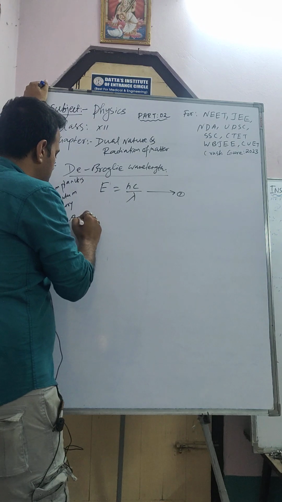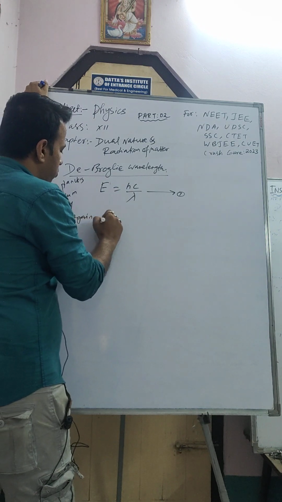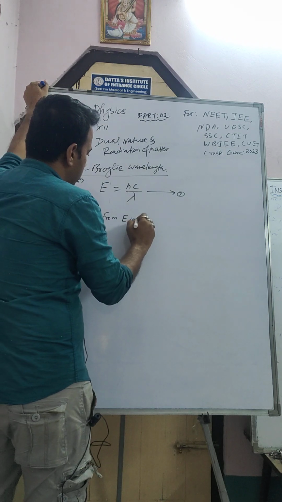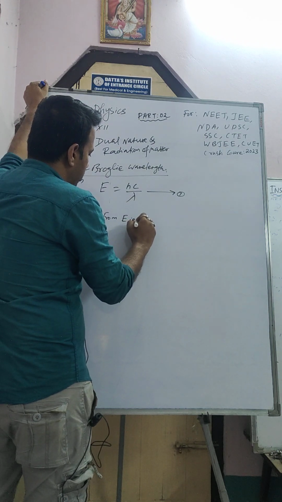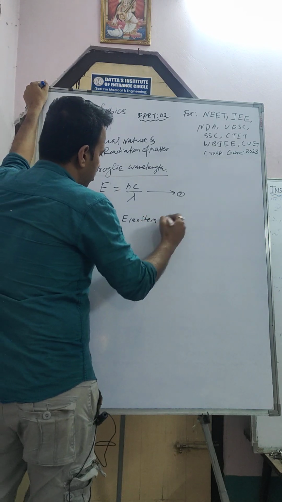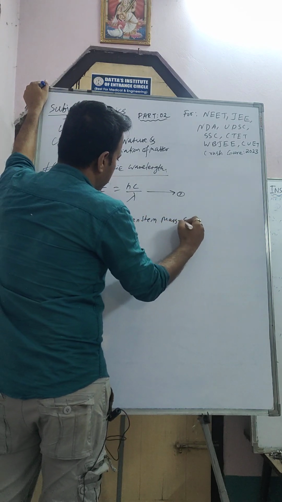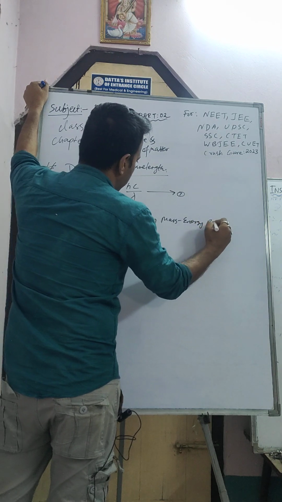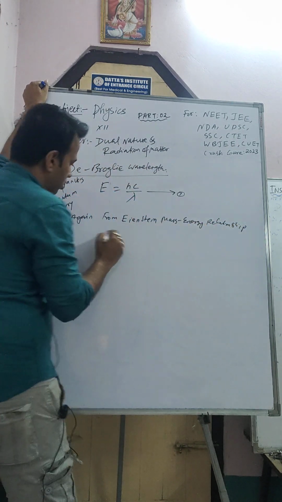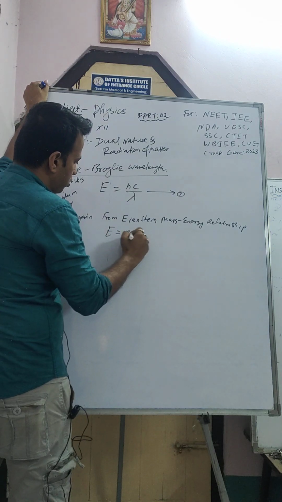and again from Einstein's mass energy relation, what we get? E equal to mc square.